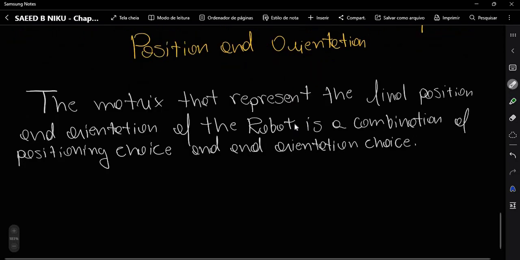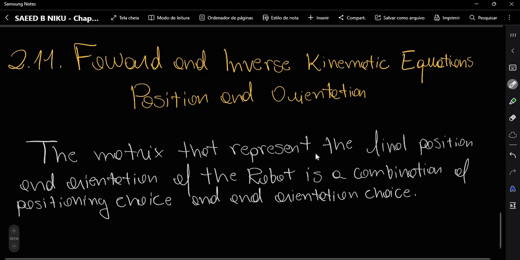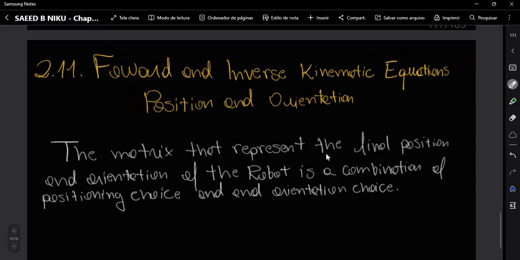So the same which is being said in the book, we are capable of doing an analysis of the initial position and orientation, and also the future position and orientation, since we can apply these inverse transformations.